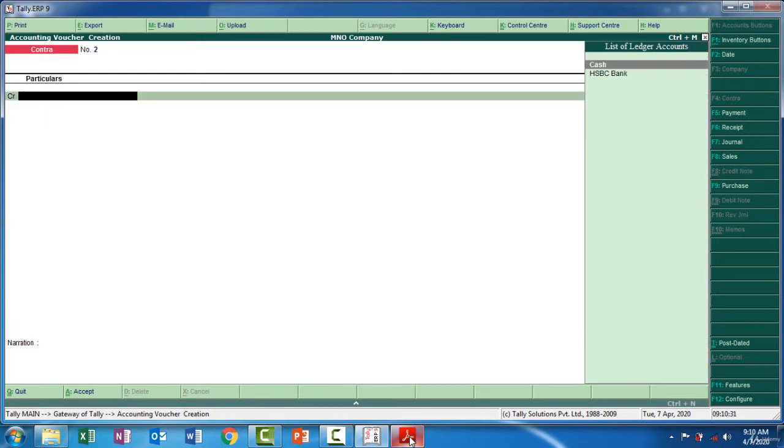So the transaction is recorded. Now you can see the number 2 appears. It means that the second transaction needs to be recorded right now.